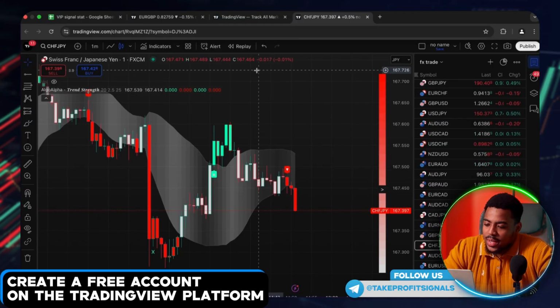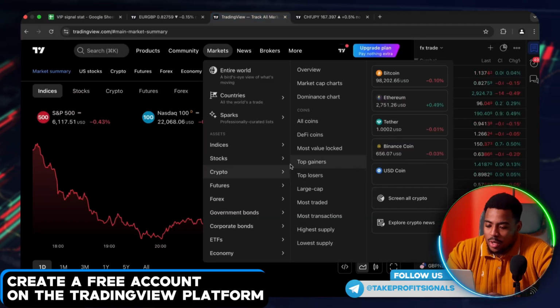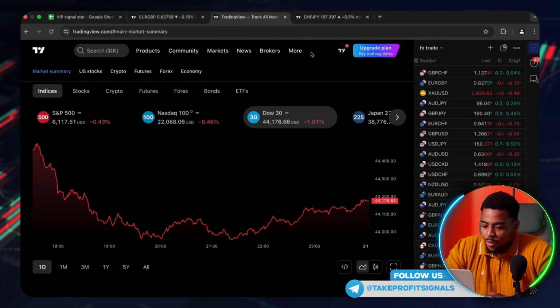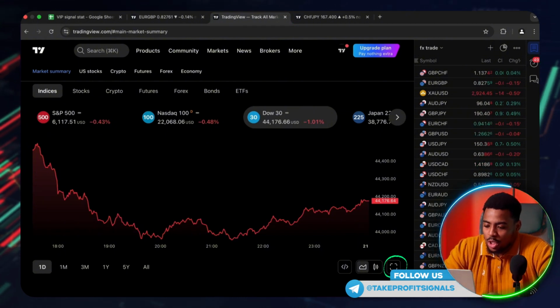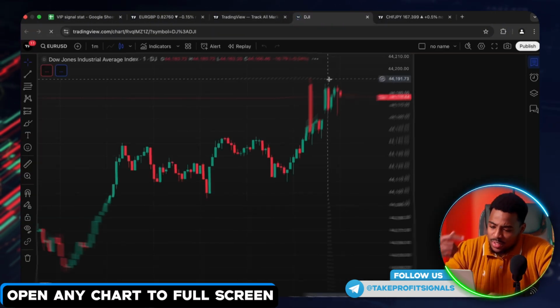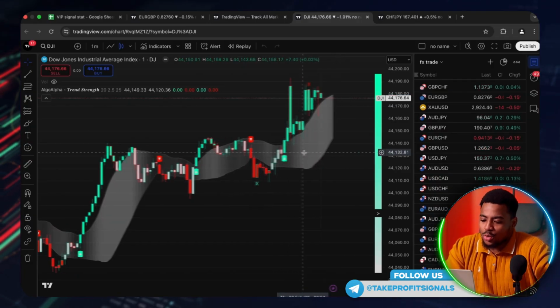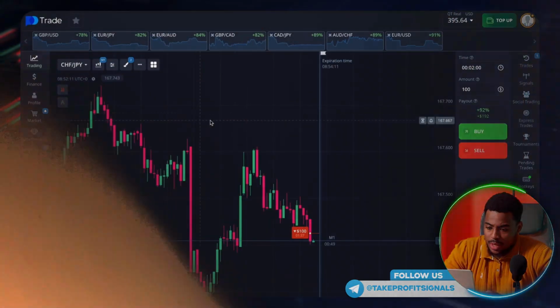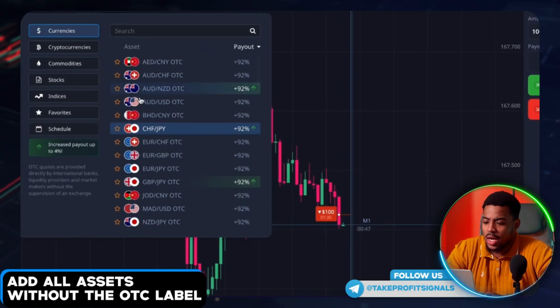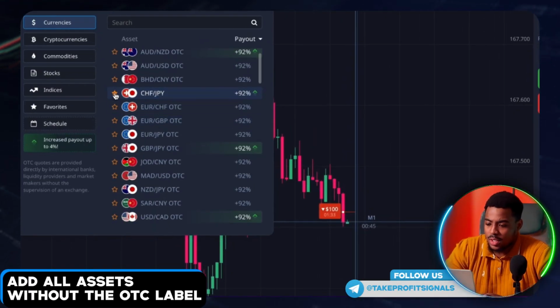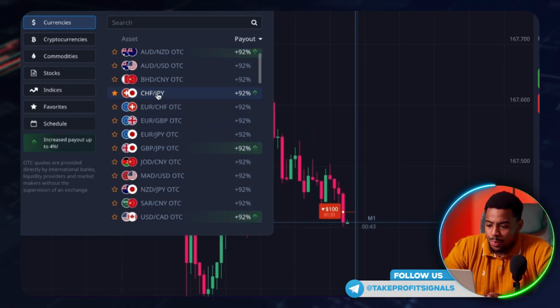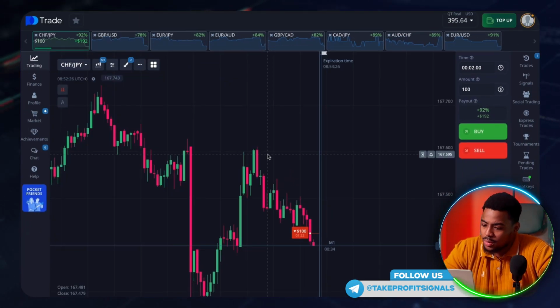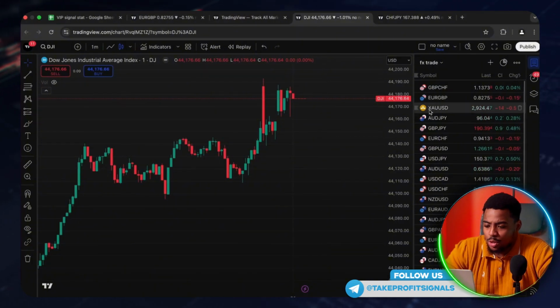First, we need to create a free account on the TradingView platform. Once you have created one, you open any chart to full screen, and the most important thing here is to add all the currency pairs that are on your platform. I trade on Pocket Option, so I add all assets without the OTC label, ordinary pairs like euro dollar and so on, and the same assets I add on TradingView.